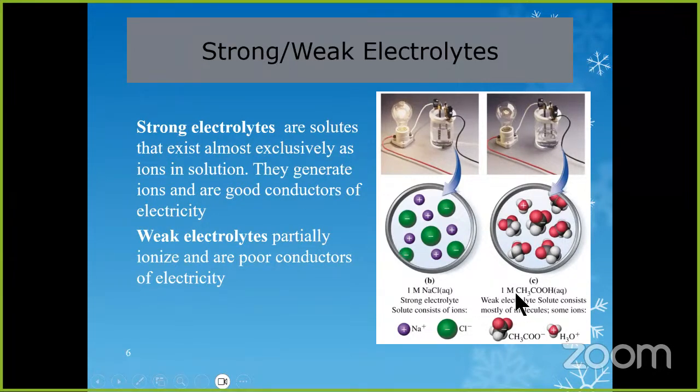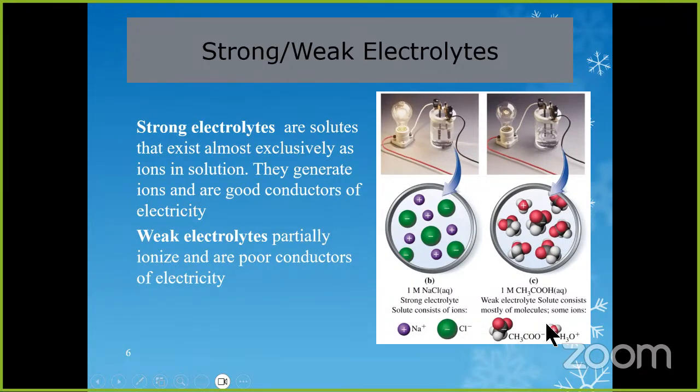So the example here is a 1 molar concentration solution of acetic acid. If you look at the picture here, you see that the light bulb lights up, but not as brightly as in the case of the sodium chloride, all right? The reason is that acetic acid is a weak electrolyte, which is made up of mostly acetic acid molecules, right?